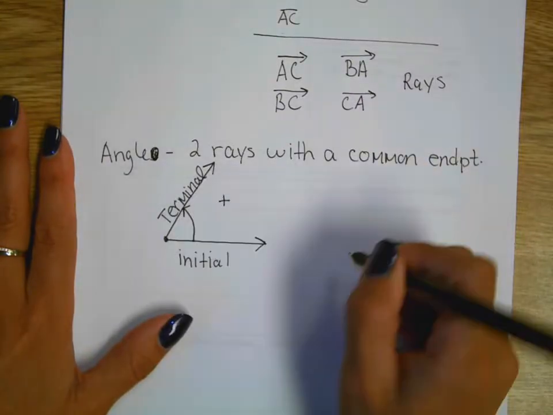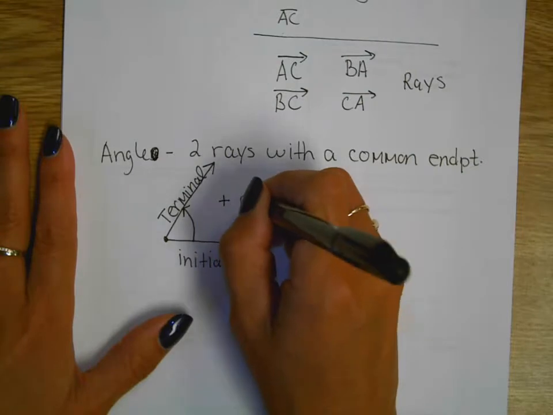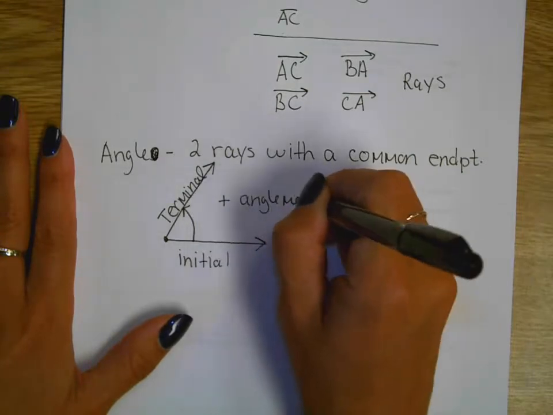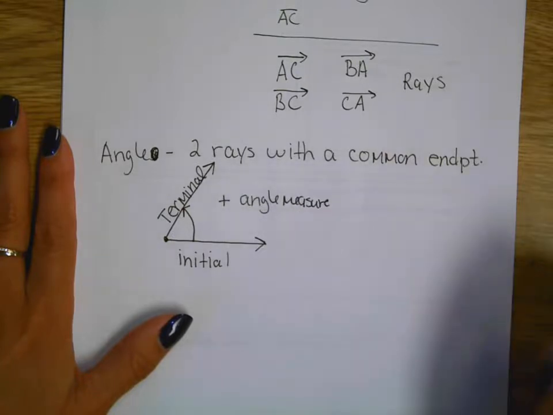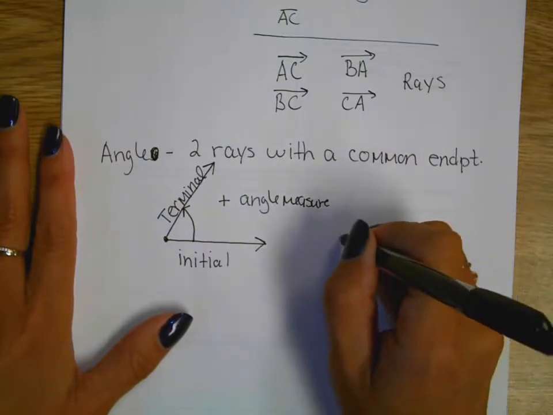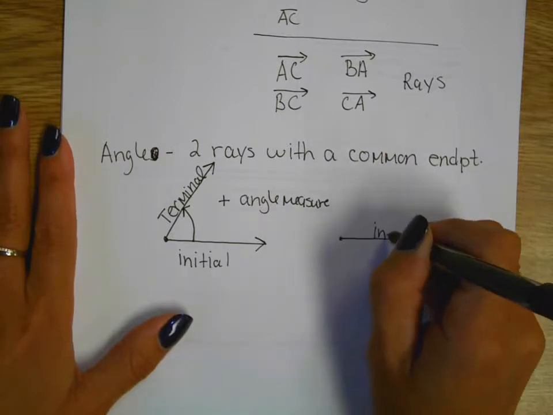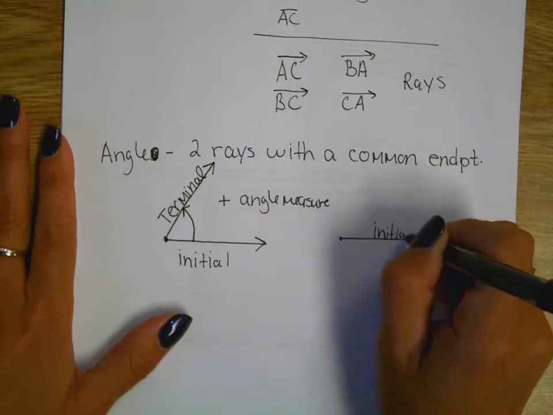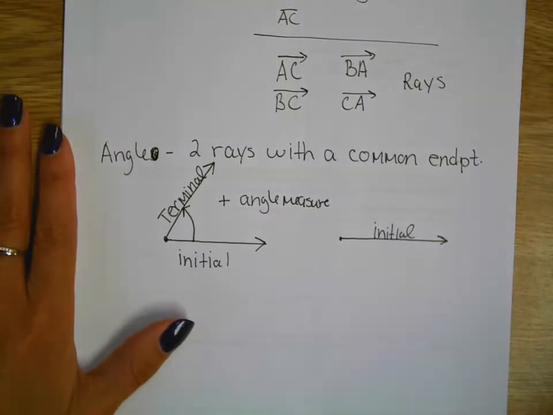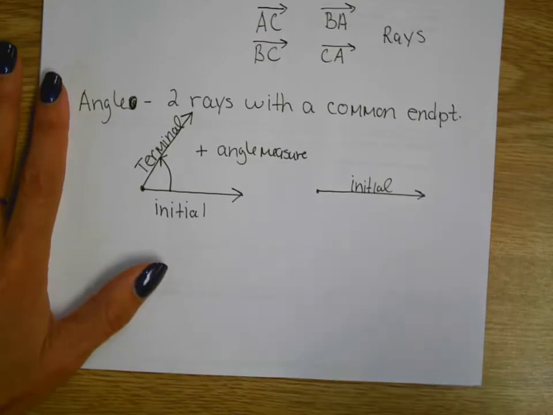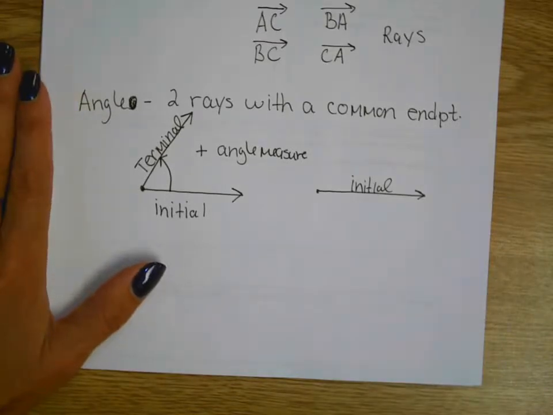This will be a positive angle measure. If you have your initial side, and you rotate clockwise, we're going to call that a negative angle measure. So the positive and negative are telling us the direction of the rotation.